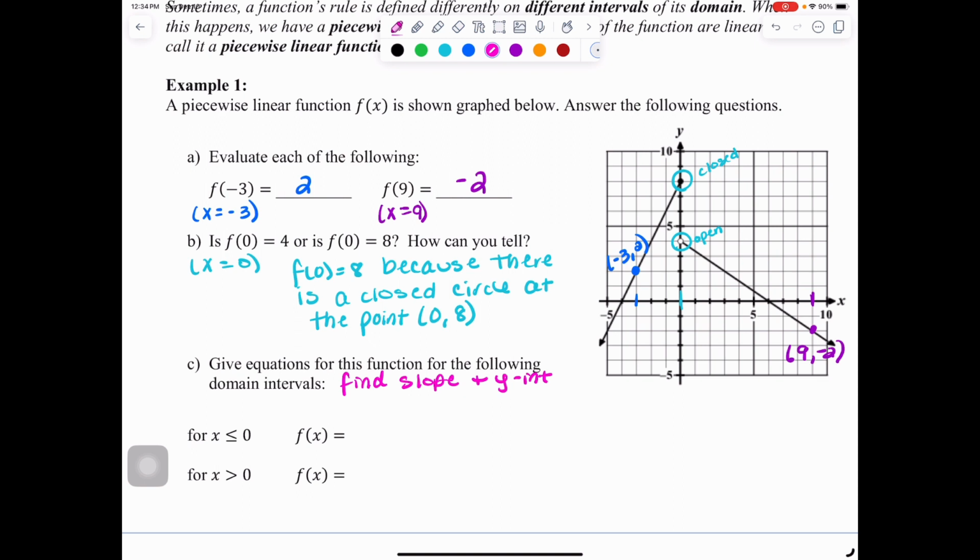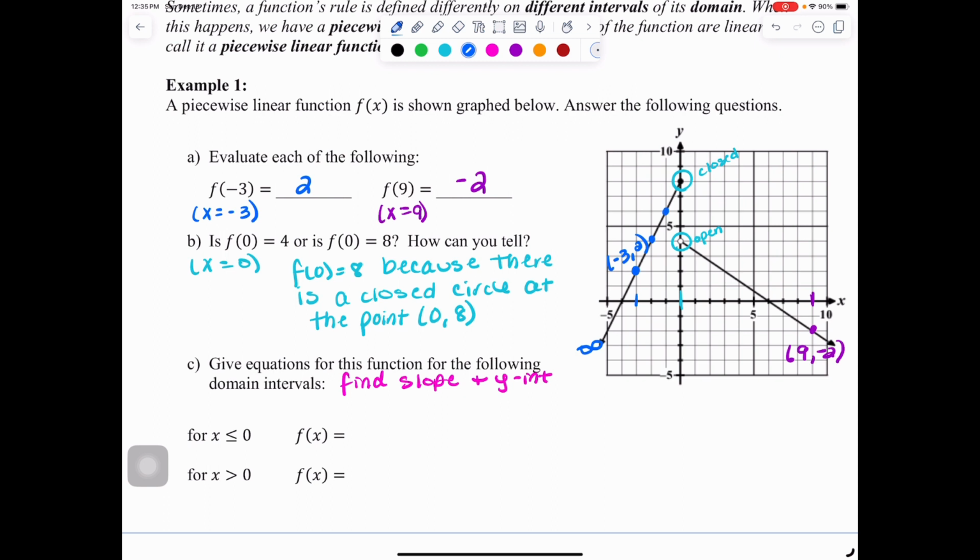So we'll do the first portion, the left graph, first. I want to point out here that we've got an arrow, so that means we're going on forever in that direction. And again, that's why this part of the graph is x is less than or equal to 0, because anything 0 and on forever to the left is going to use this equation. We'll pick any 2 points on the line to find the slope.